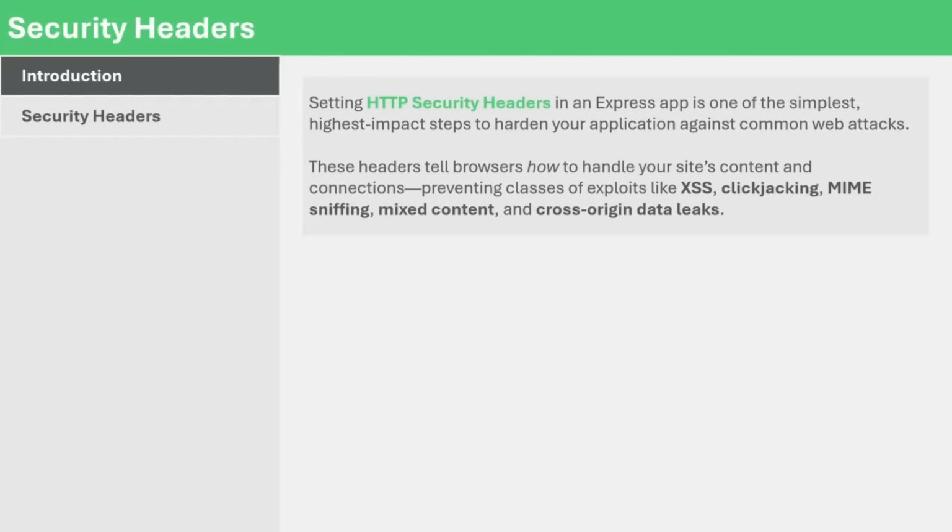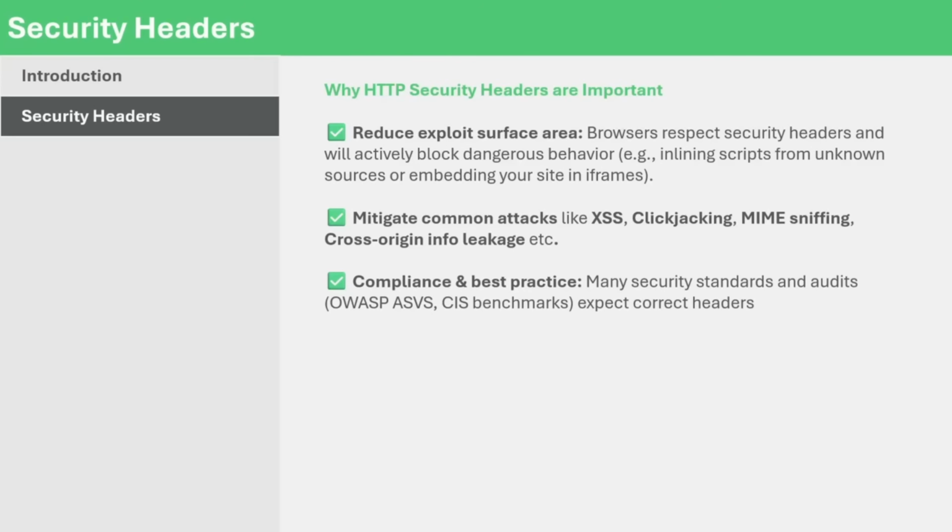So when we set HTTP security headers while sending a response from the Express app, it avoids attacks like cross-site scripting attack, clickjacking, MIME sniffing, and cross-origin data leaks, etc. When we set secure HTTP headers, it reduces the exploit surface area.